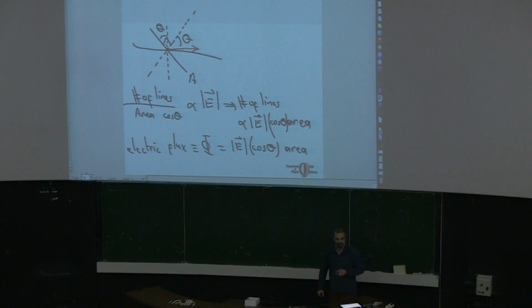Well, let's see. What's the unit of electric field? Remember, we define the electric field as the force per charge. What's the unit of force? Newtons. Unit of charge? Newtons per coulomb, or kilograms meters per coulomb second squared. This is the unit of the electric field.